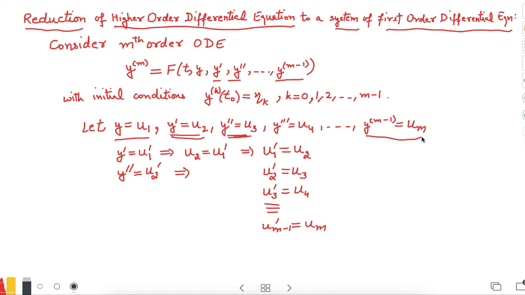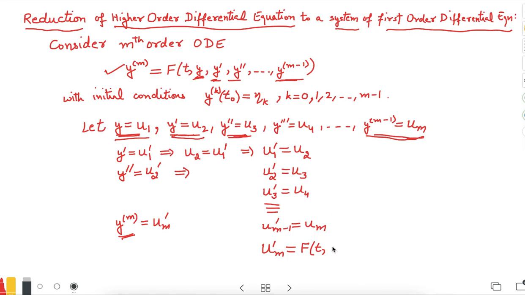And this last equation, if I differentiate it, I will end up with the mth derivative of y as um dash, and the mth derivative of y is already given by the differential equation, so I can substitute it on the right hand side to write the last equation as um dash is equal to the function of the independent variable t, the dependent variable y, and y is u1, y dash is u2, and so on, up to the (m minus 1)th derivative, which is um.